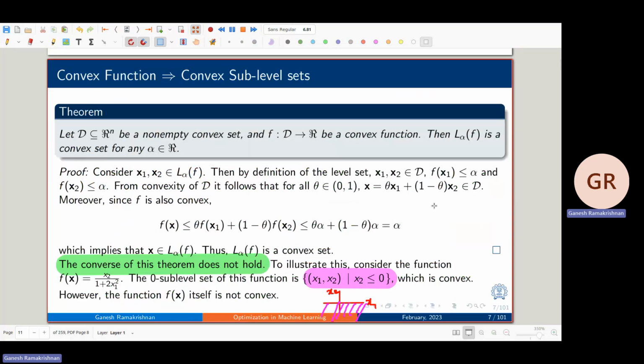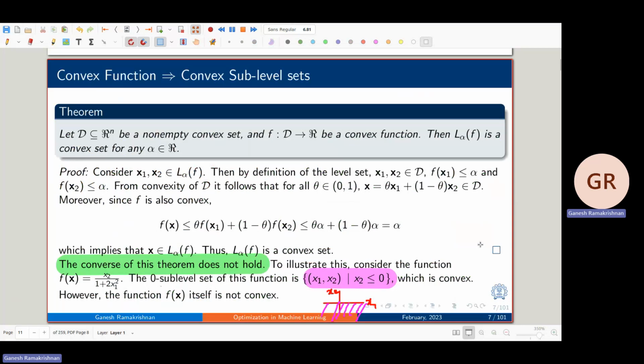To illustrate, I have considered another function as well: f of x is x1 by 1 plus 2 x1 squared. So even if the sublevel set is convex for one value, it doesn't mean that the function is convex. What I am showing on the board and the previous slide was, even if the sublevel set is convex for all values of alpha, the function is not convex.